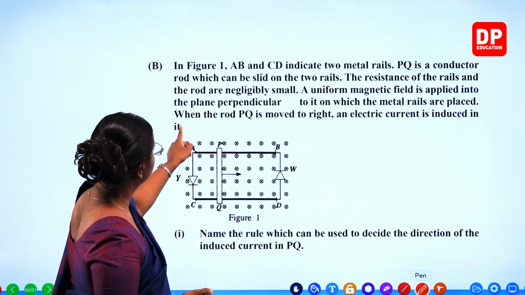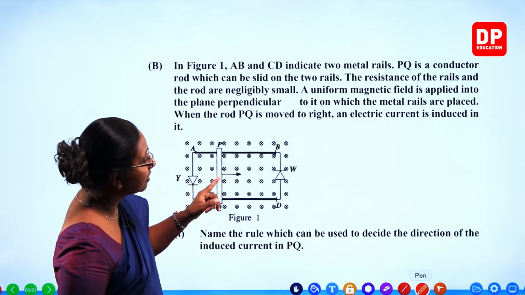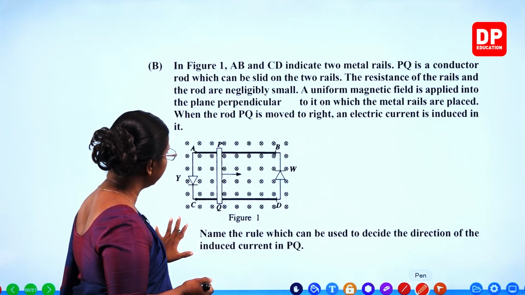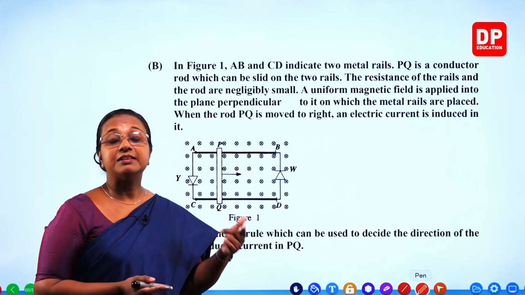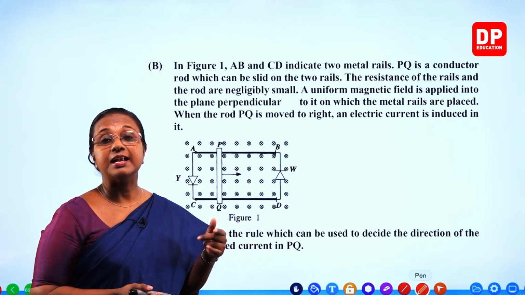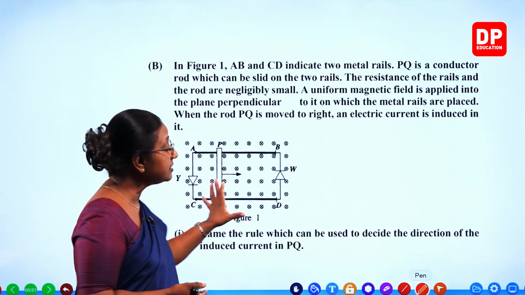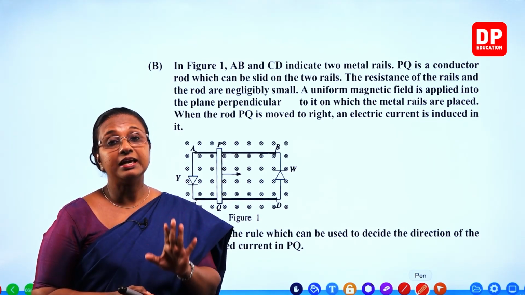Then you can see when the rod PQ is moved to the right, an electric current is induced in it. So you have a magnetic field, there is a rod, the rod moves and an electric current is induced. That is due to the induced electromotive force. So what is this phenomenon? It is electromagnetic induction.